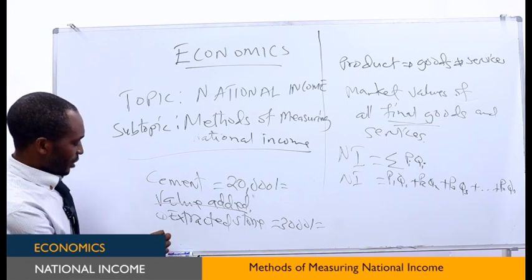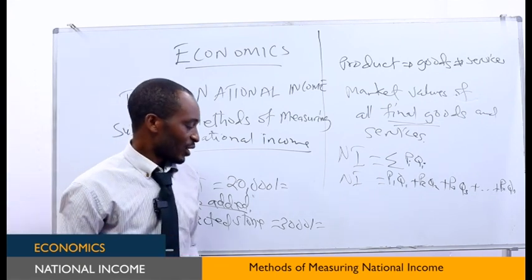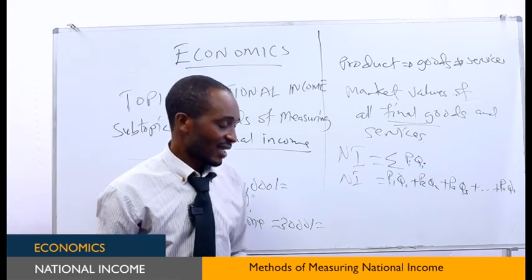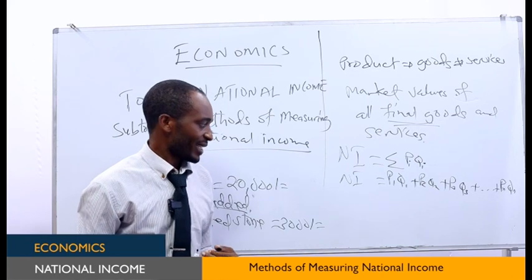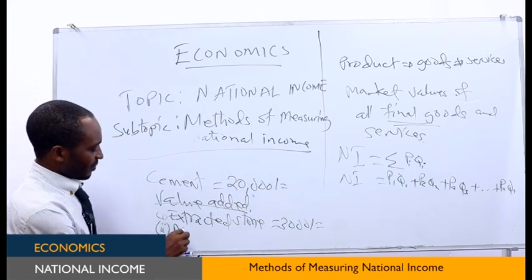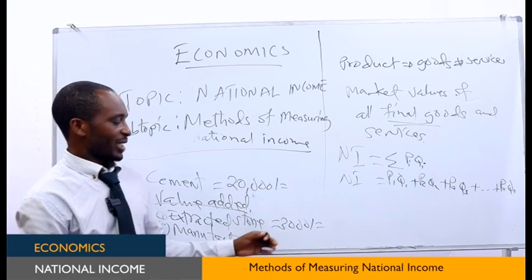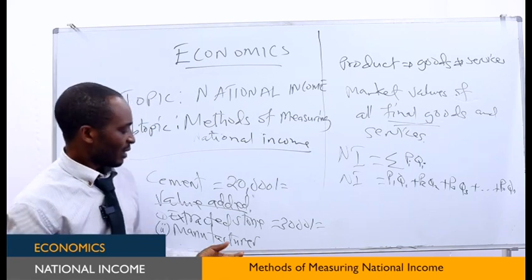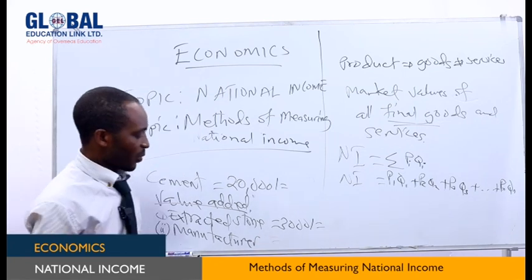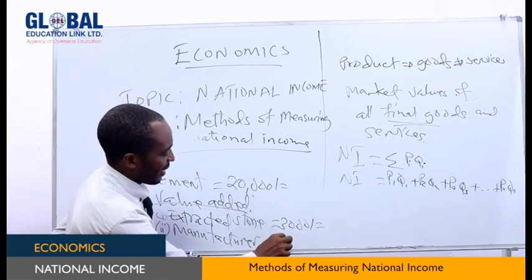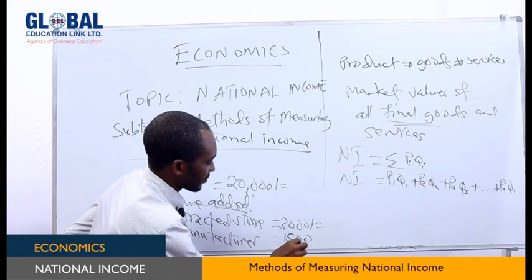Then person 2 goes and buys these stones and manufactures cement in his or her industry. So a manufacturer buys these stones and produces cement which will cost 15,000.